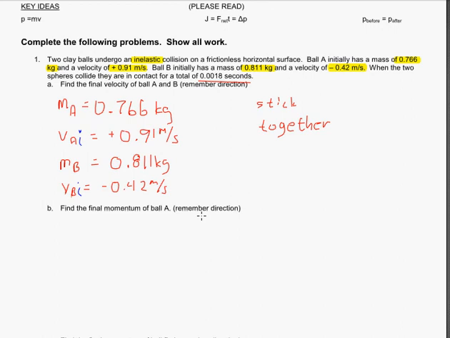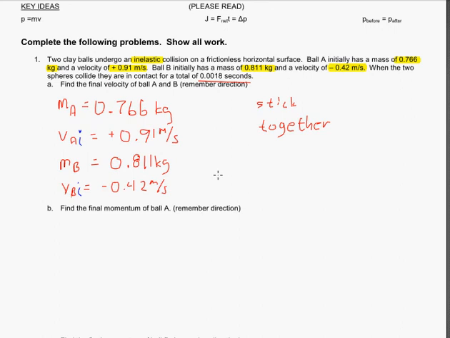So it's MA, 0.766 times 0.91 plus 0.811 times negative 0.42. Enter. And then divide that by 0.766 plus 0.811.